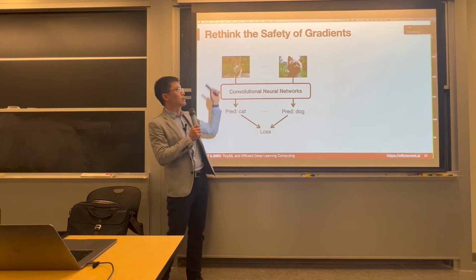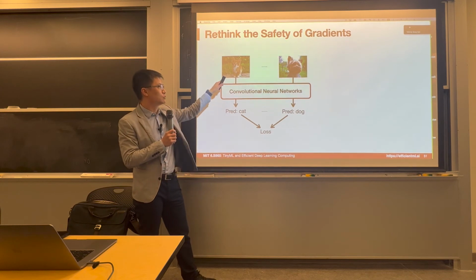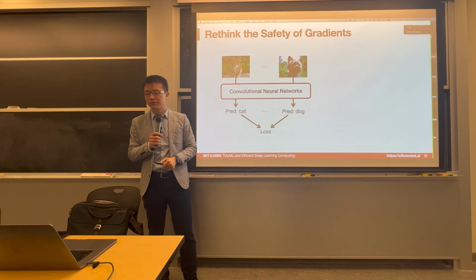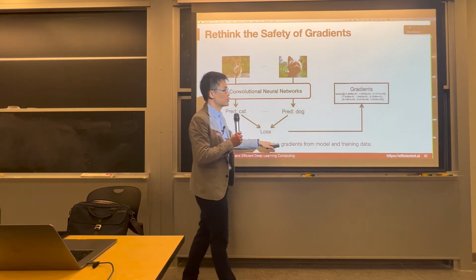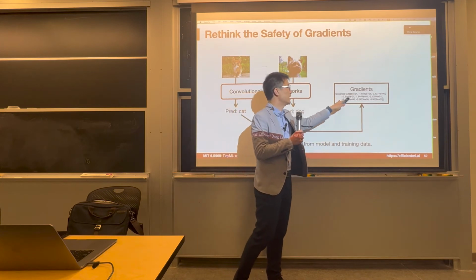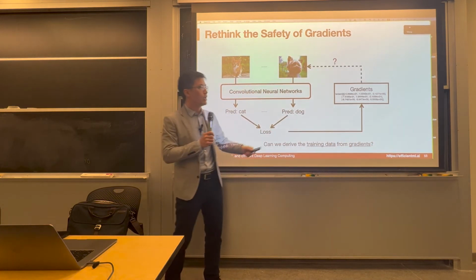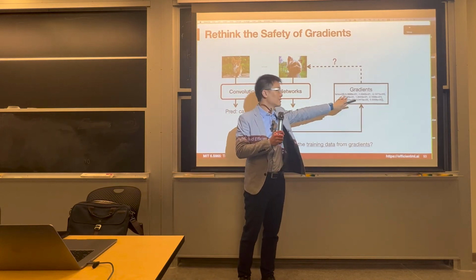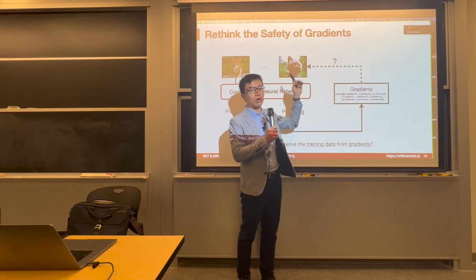So we want to rethink the safety of gradients since we are exchanging them. With convolutional neural nets, given different images, we can have different predictions, and we can derive gradients from the model and training data, which is the normal training process. So we try to answer the question: given the gradient, does the gradient contain the information of the raw training data?